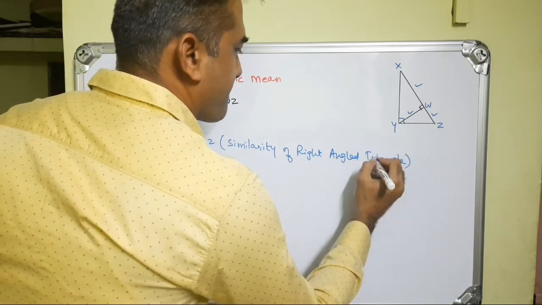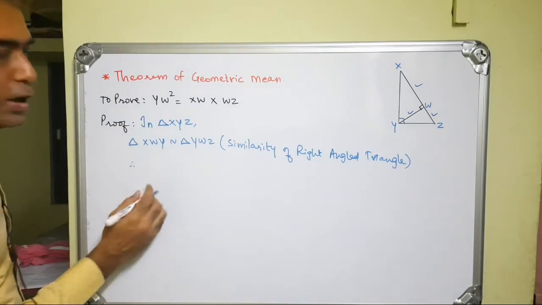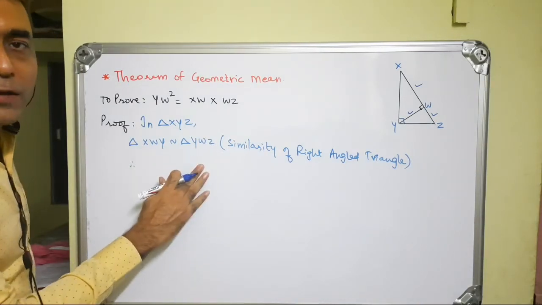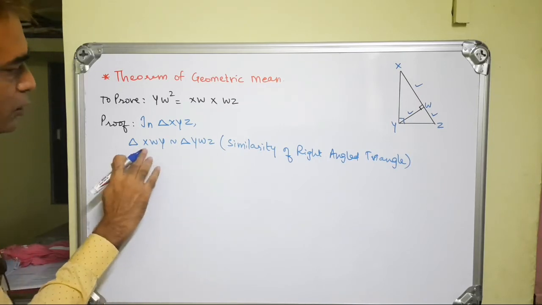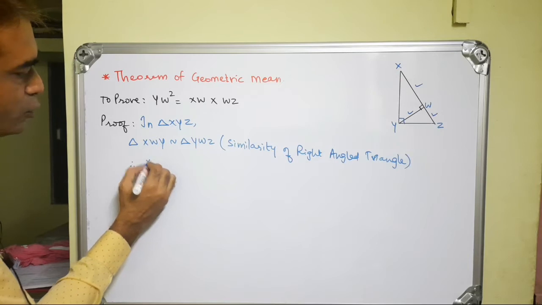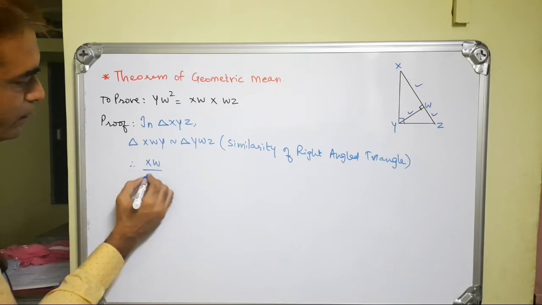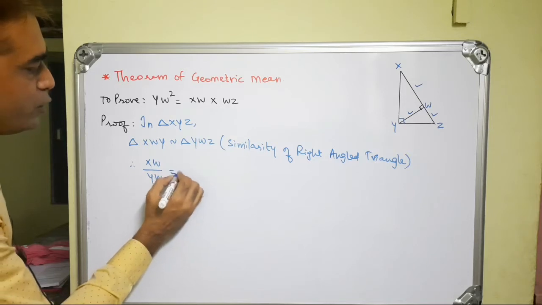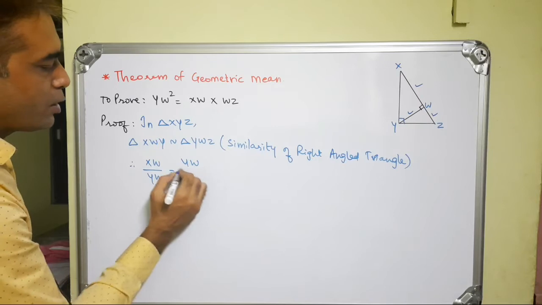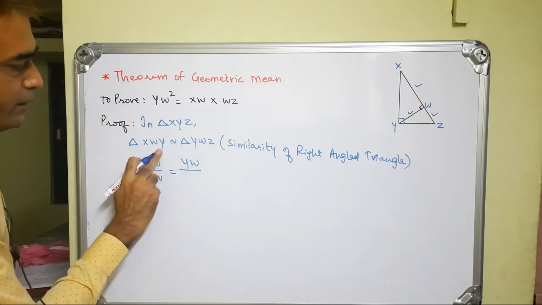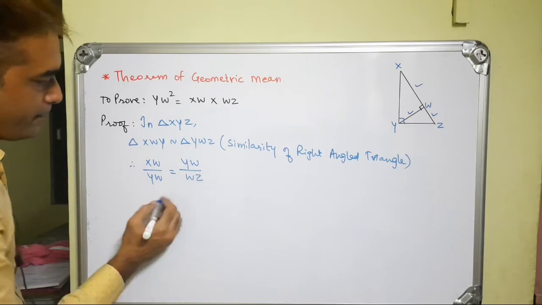Now, the triangles are similar, therefore corresponding sides will be proportional. XW upon YW equals WY upon WZ.